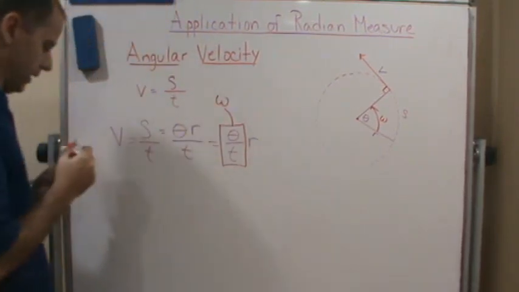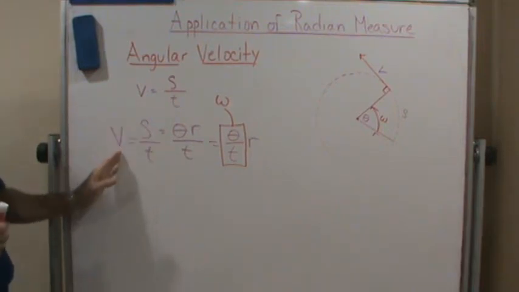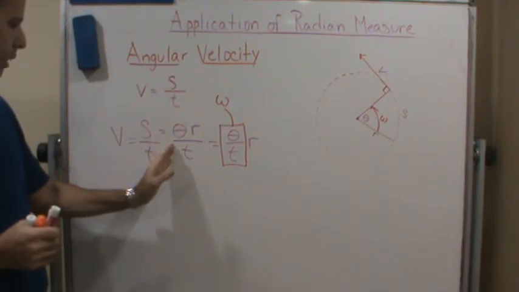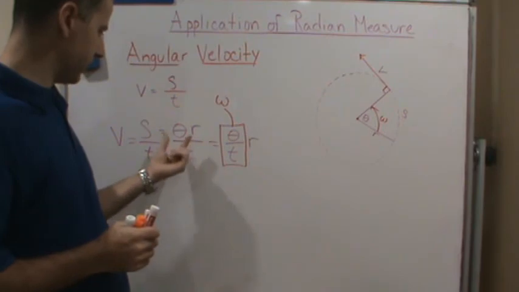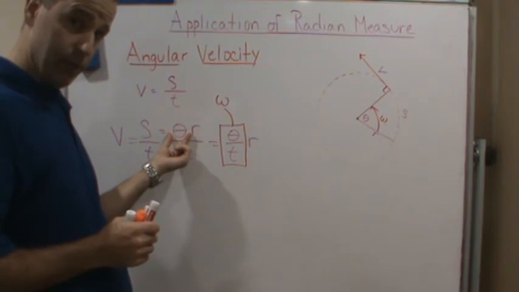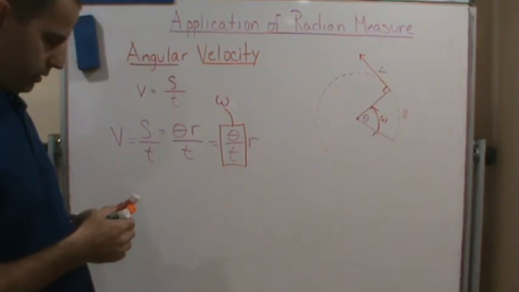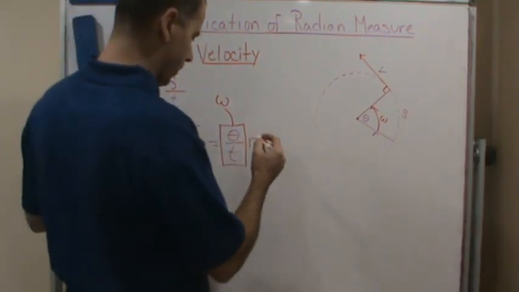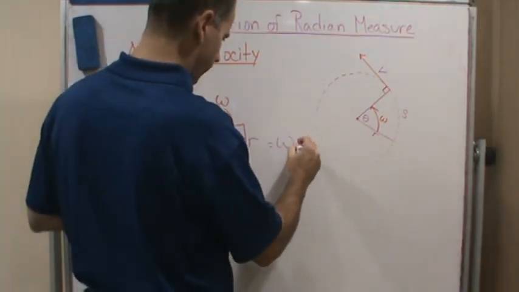This is angular velocity. So this is still linear velocity, but now we've got theta over t, so we're looking at the change in the angle divided by t, times the radius. This is angular velocity. So this then is written as omega times r.